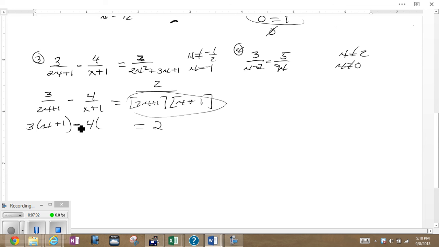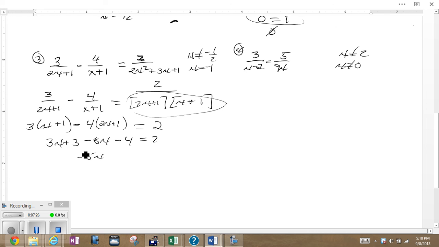The x plus 1 cancels out, leaving us with the 2x plus 1. So now we have a very simple equation. We got 3x plus 3 minus 8x minus 4. Watch the sign in front there. Combine like terms, 3x minus 8x, negative 5x.